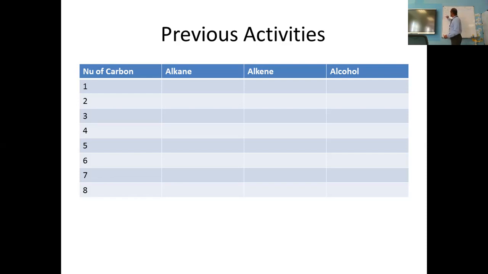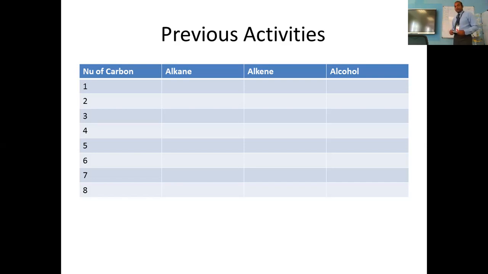If you're having 3, it will be prop. And if you have a 4 carbon, it is but. And of course, this is the 4 word that the student usually have to remember: meth, eth, prop, and but.